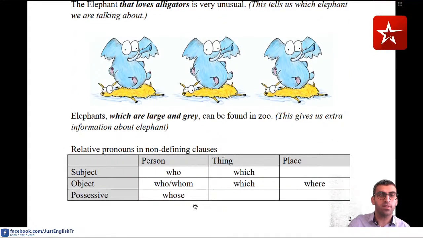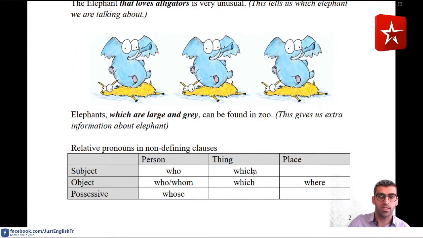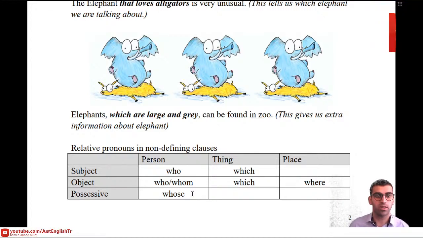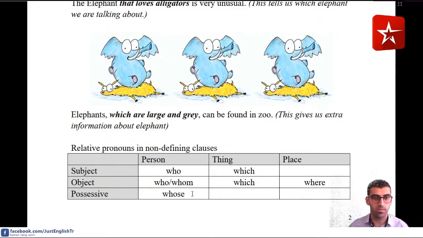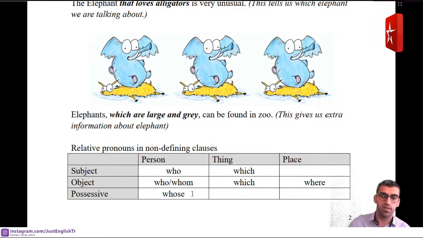And relative pronouns in non-defining clauses look the same. If we are talking about a person, we use who, whom, whose according to subject, object, and possessive. For place, we use where, and if we are talking about a thing, we use which.